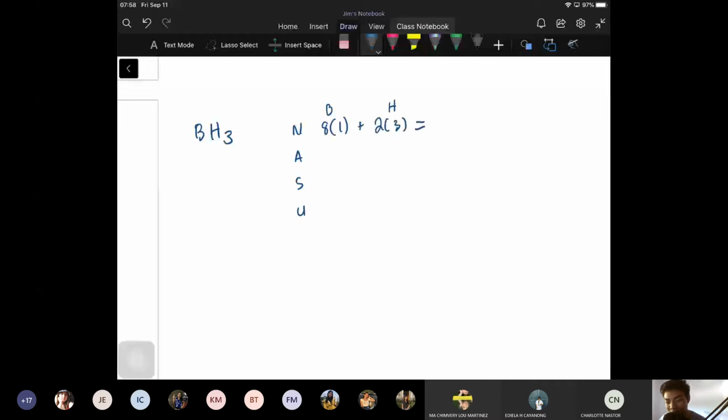Okay, so 8 plus 6, 14 na. Available, boron is in the third group, so 3 valence electrons niya. Hydrogen is in the first group, so 1 valence electron. 6. So, 14 minus 6 is 8 or 4 bonds.